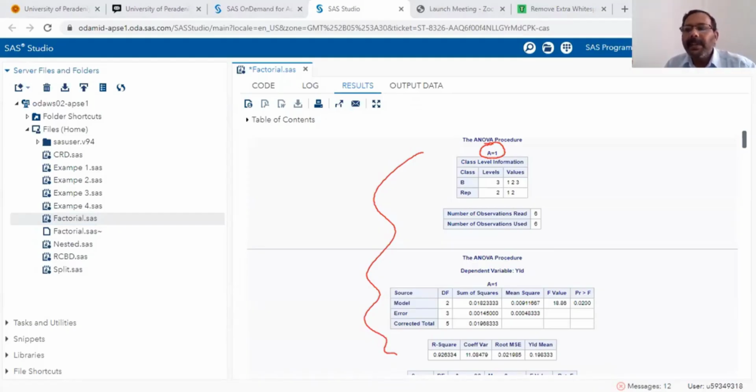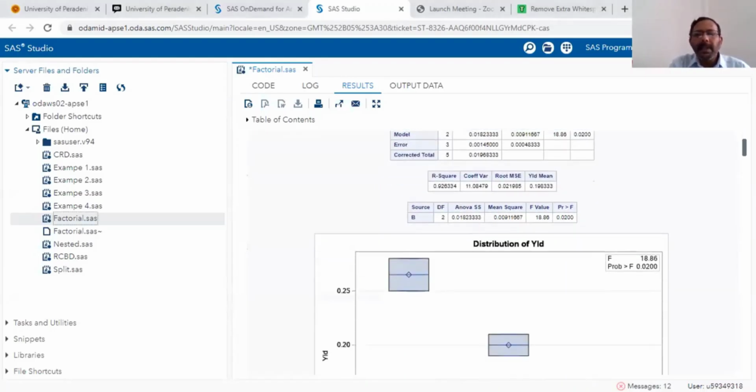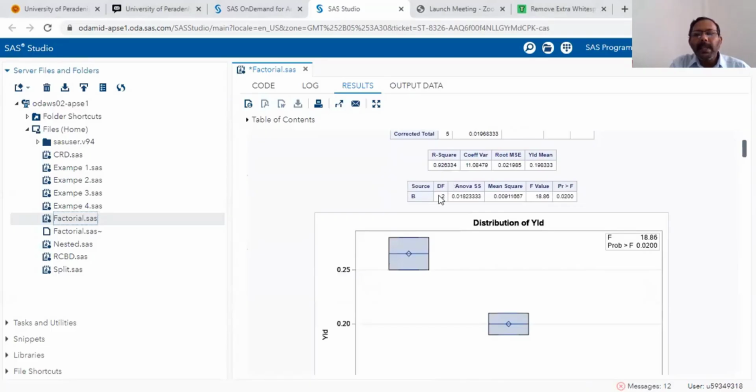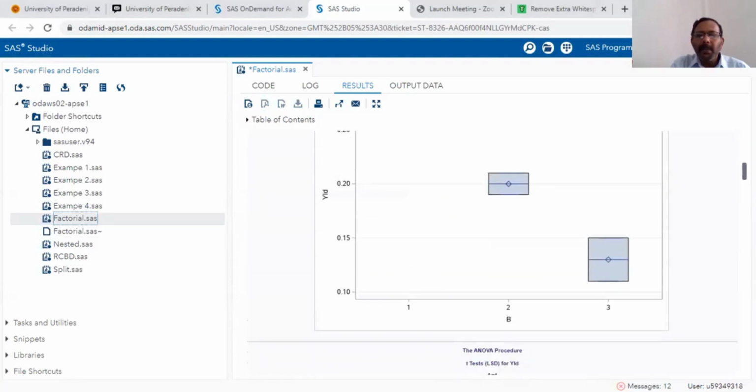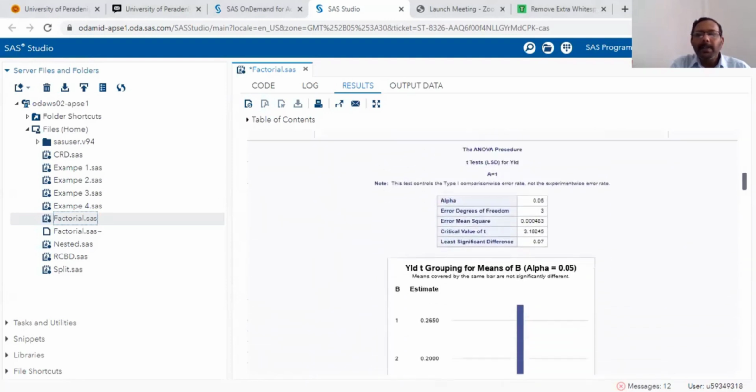It gives the basic information: the levels of B and the replicate, total number of observations, 6. This is the ANOVA, still it is significant, but the most important is to look at the lower part, the mean separation. You can see there is only one component in the model, that is the B component. The most important is this part. Still we are talking about A equal to 1.